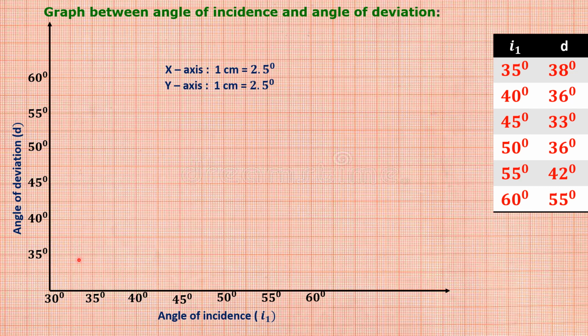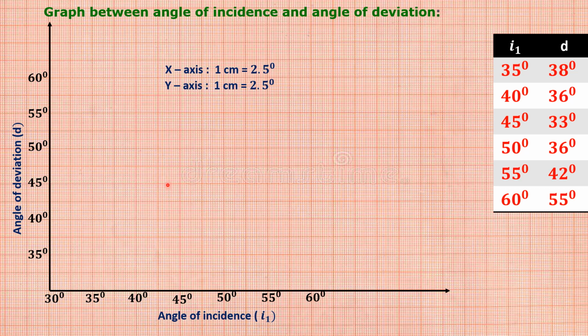Otherwise, one small unit is there now here. One small unit, one small unit. So such 4 units will represent 1 degree. That means 1 degree equal to 4 units actually. So from here to here 5 degrees means 5 into 4, 20 units.